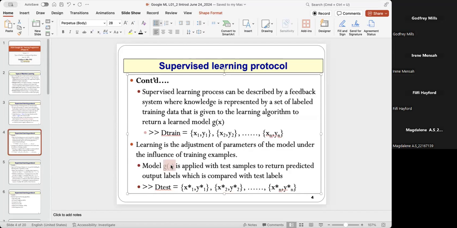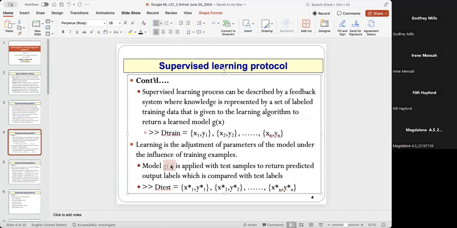Now we have to have another data set that we want to use to validate whether the model, the algorithm, has learned enough so that it will be able to give us a prediction of who we are looking for.